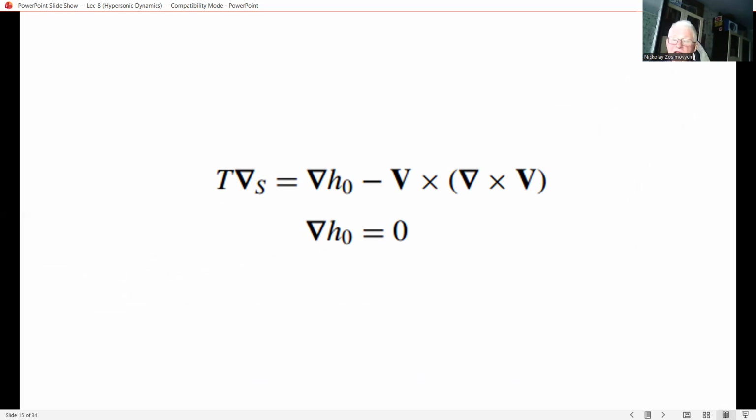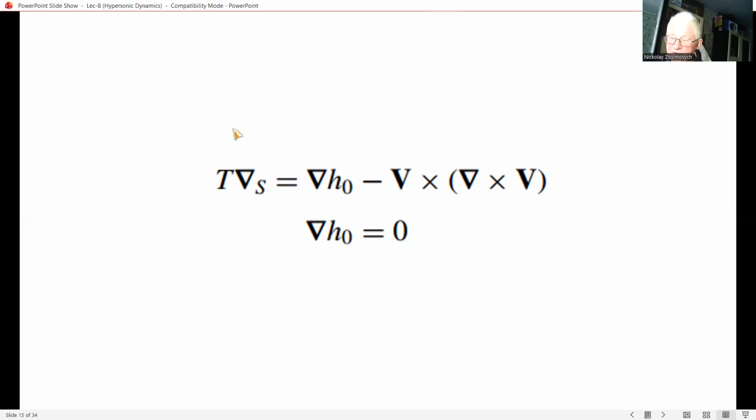But because the shocks are stronger and usually more highly curved at hypersonic Mach number, the entropy gradients become more severe. In turn, this introduces a large amount of rotationality into inviscid flow over hypersonic bodies, as can be quantitatively obtained from Crocco's theorem written as follows.